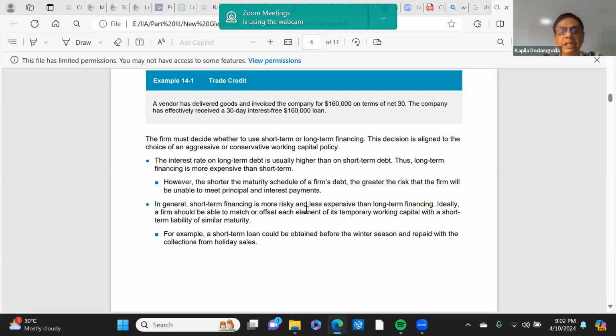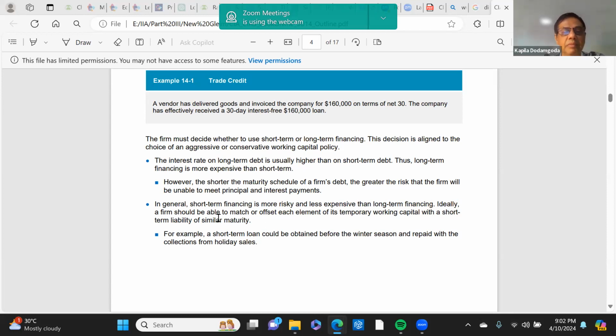Short-term loans are riskier because you need to pay them within a short period of time, and you may not have enough money at that point of time. But they are less expensive; the cost may be lower than long-term borrowing, obviously.